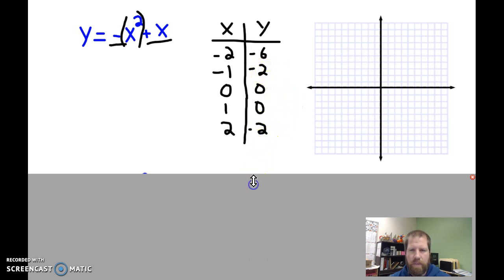So if I plot these points, I've got 0, 0. I've got 1, 0. I've got 2, negative 2. I've got negative 1, negative 2. And I've got negative 2, negative 6. Now I'm starting to get an idea of what my parabola is going to look like.